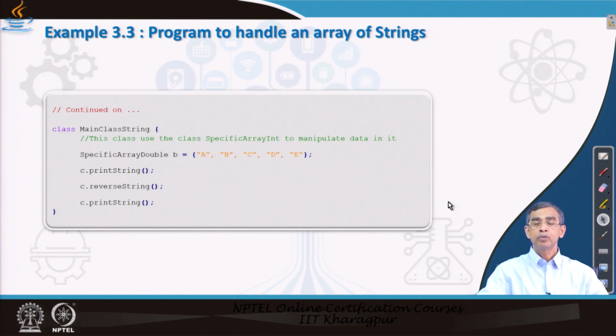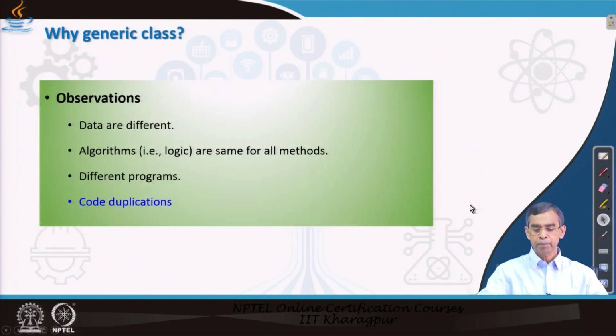Now, we could do the same thing, but instead of writing 3 different versions of the program for 3 different types, by using a generic class declaration. So, how can this be done? Here is an example of how it can be.